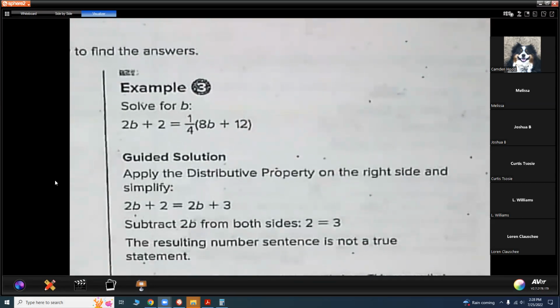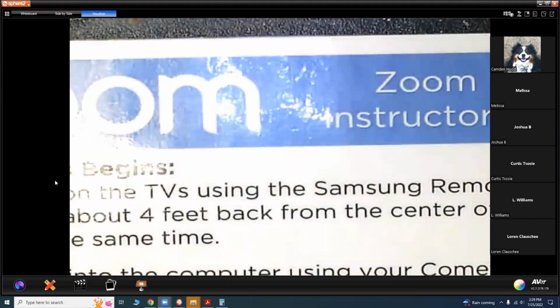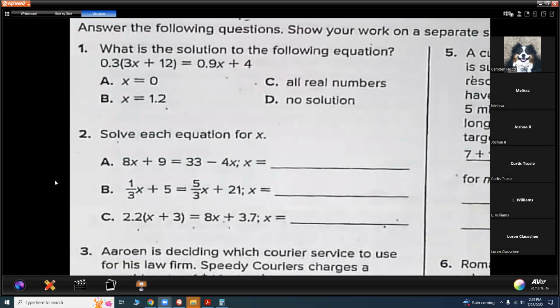All right. How's everyone feeling? So let's look at the practice questions on the next page. Okay. And let's work on number 1 together.